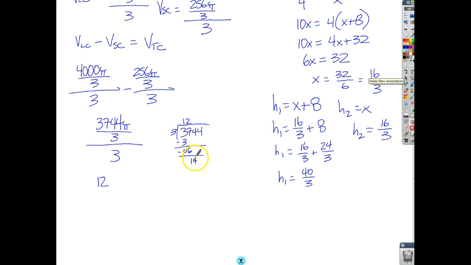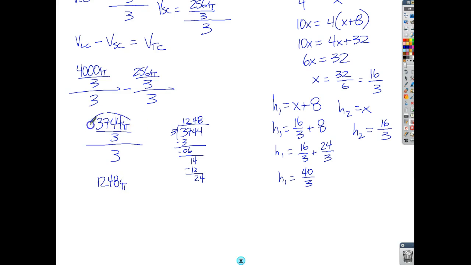I use up 12 and subtract, leaving 2. I drop the 4 down, which makes it 24. So 3 goes into that 8 times. Now I've got 1,248 pi.